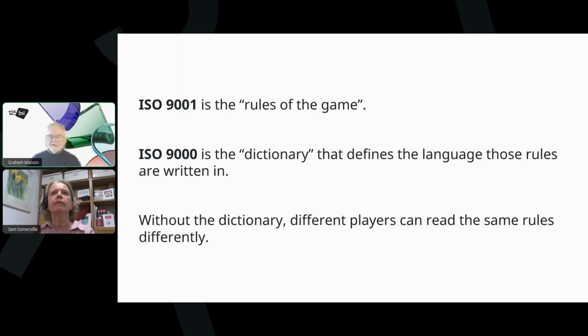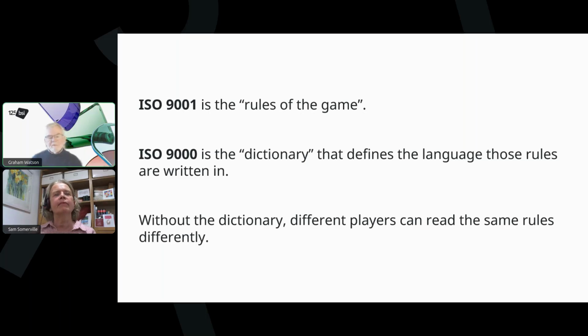And I'll add to that, dictionaries can be very helpful, but in my experience, if I want to look up a word as opposed to a term in a dictionary, it gives me a choice, and I usually pick the one that fits the bill the most.